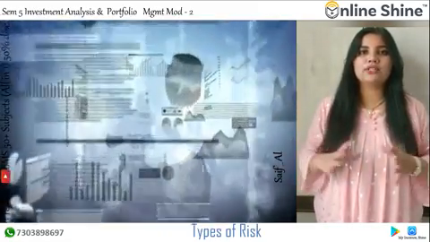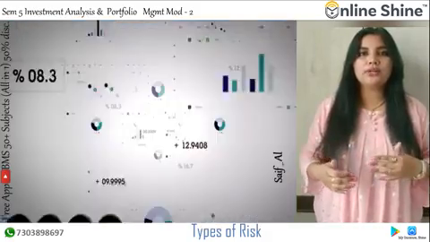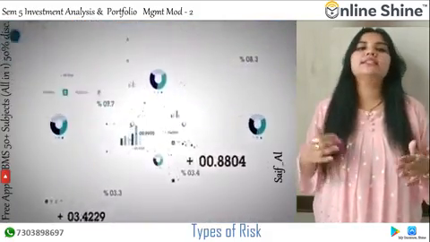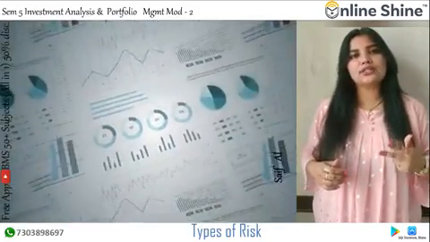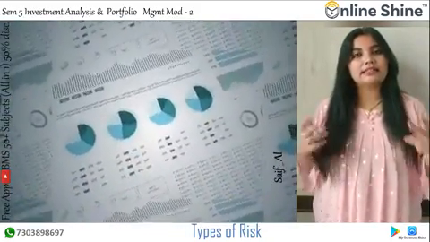Now, detail about systematic risk. Due to the dynamic nature of society, changes occur in the economic, political and social system constantly. These changes have an influence on the performance of companies and thereby on their stock prices, but in varying degrees.